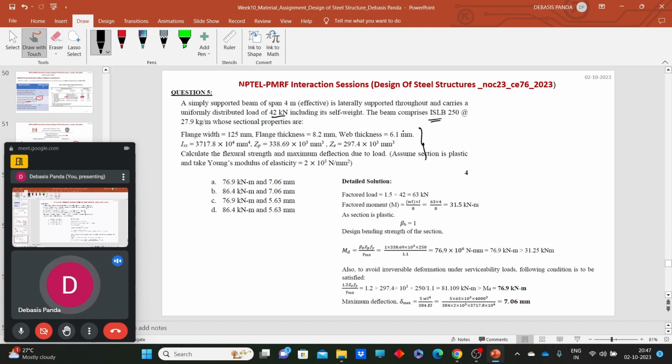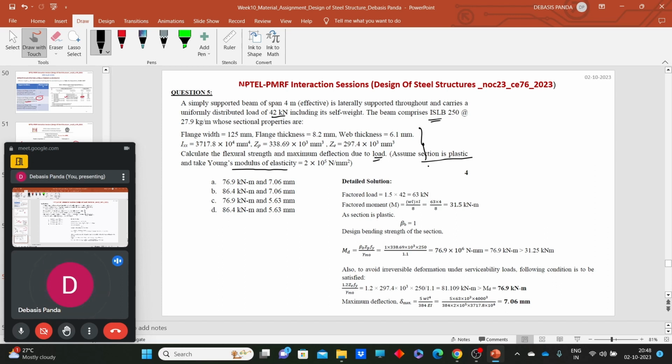So you need to calculate the flexural strength and the maximum deflection due to load. Two things you need to calculate here: the maximum deflection and the bending strength. Here two things are given: assume the section is plastic and take Young's modulus as 2.5 into 10 to the power 5.